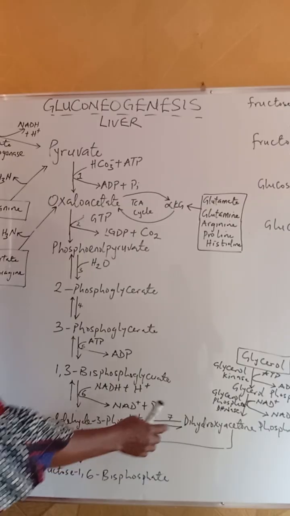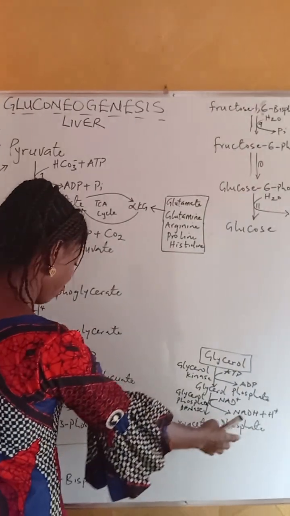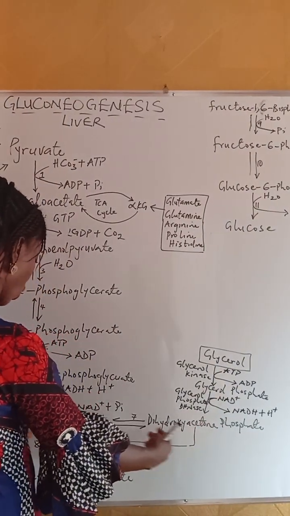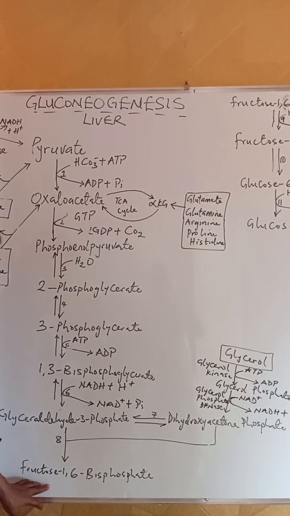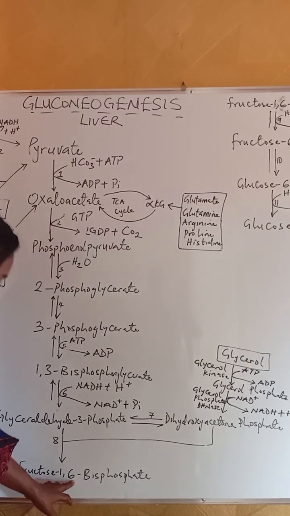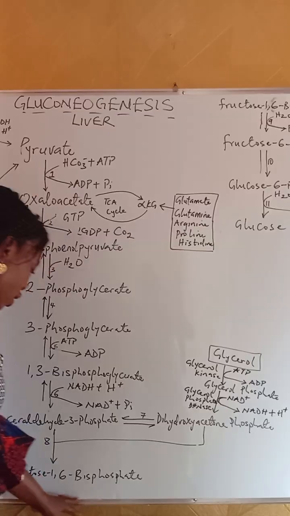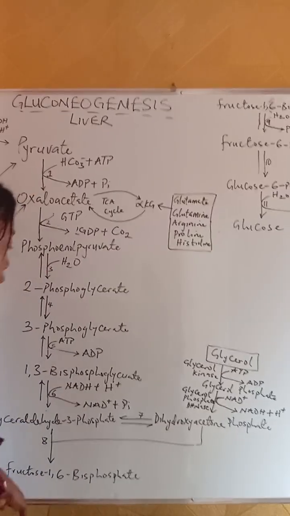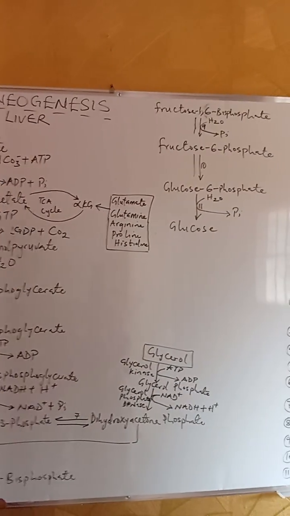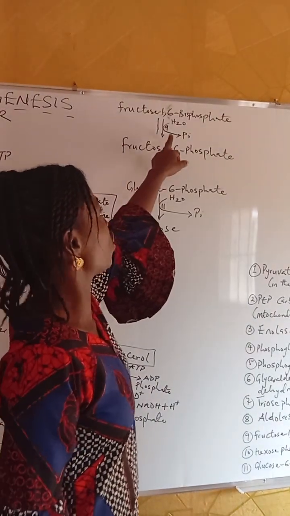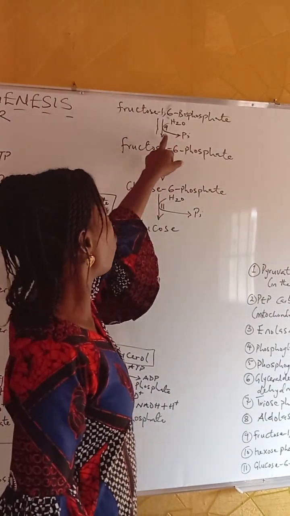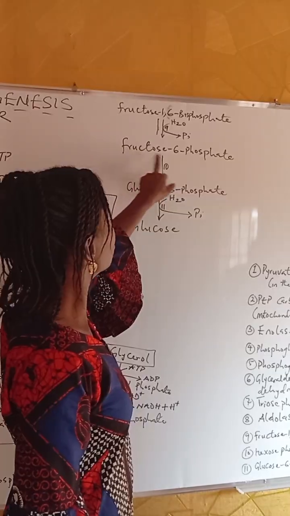Now this is added to dihydroxyacetone phosphate. There is a joining by aldolase at step 8 to give us fructose 1,6-bisphosphate, also a glycolytic intermediate. And fructose 1,6-bisphosphate, which is up here, is dephosphorylated by the addition of water to give us fructose 6-phosphate.